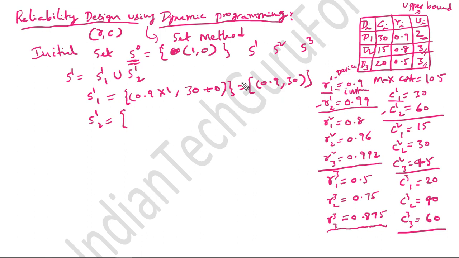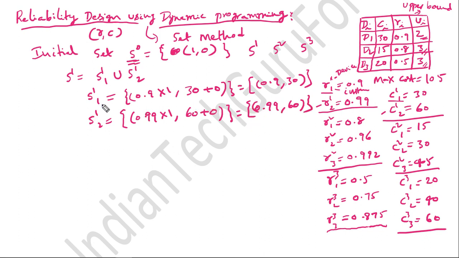Multiply the reliability value with the reliability of S power 0 and add the cost with the cost of S power 0. So reliability is 0.99 into 1 comma, now the cost is 60, 60 plus 0. That is equal to 0.99 comma 60.